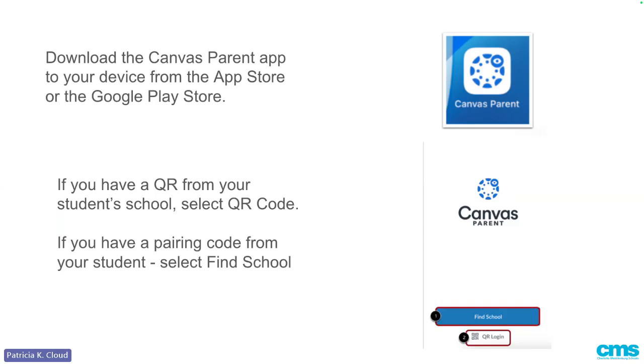A lot of you, particularly our young students' parents, will have been provided a QR code by your teacher. If they haven't provided a QR code, that's okay. But if they've provided one, you will need that QR code. The first screen you're going to see is the Canvas Parent, and it's going to give you the choices of finding your school or logging in with a QR code.